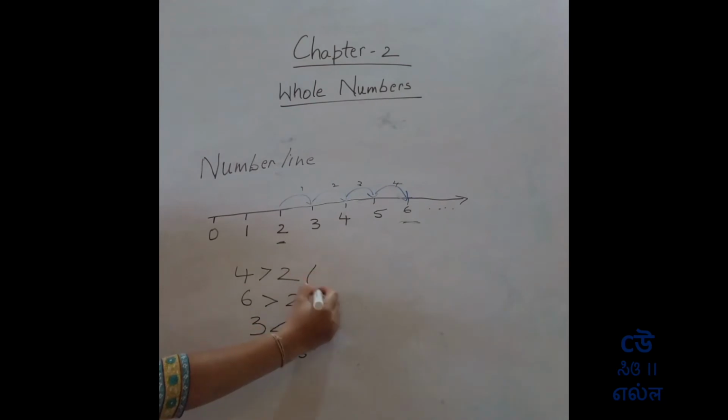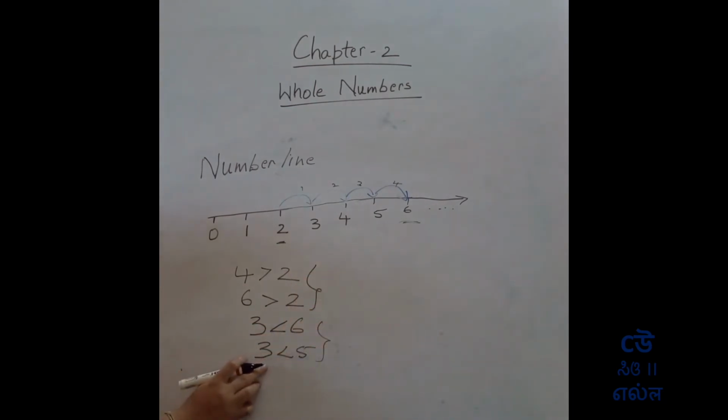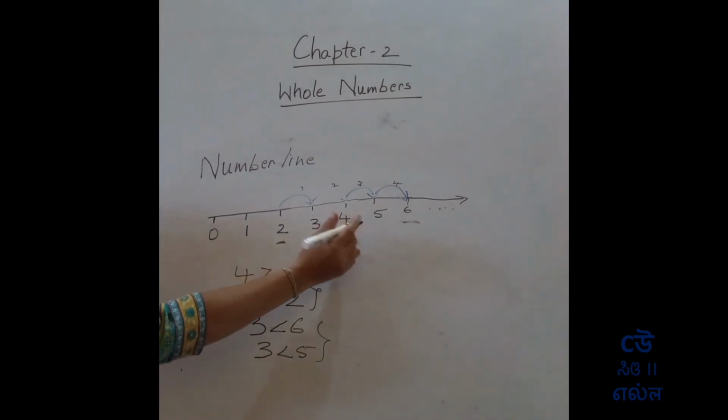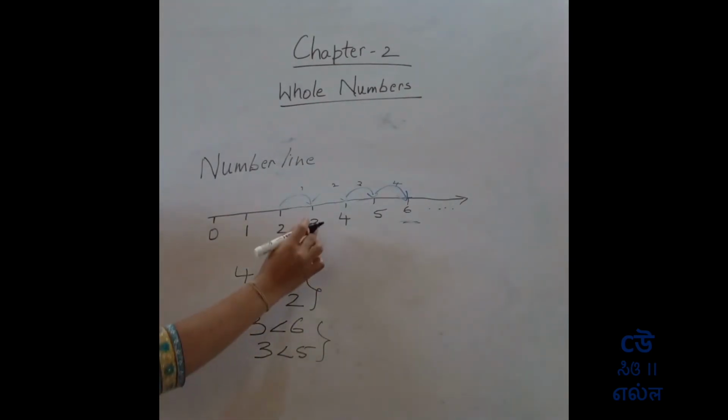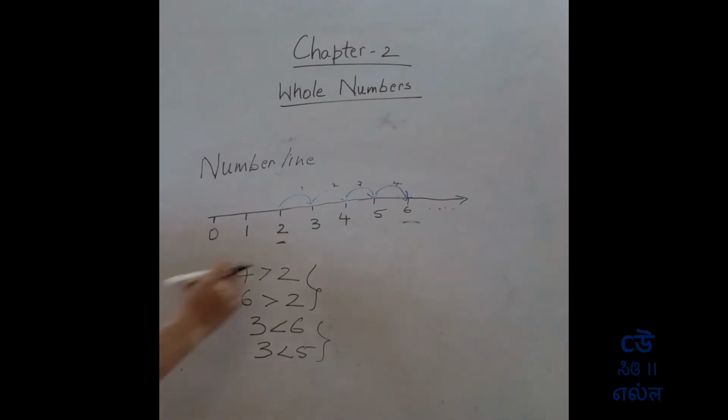With these observations, we can say that the whole number on the left is the smaller number.